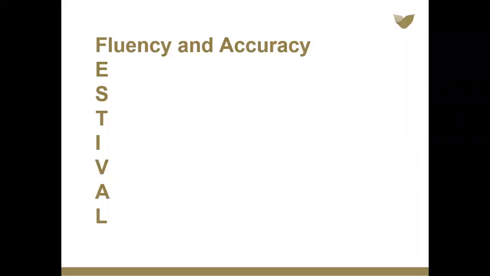The first target, when we are talking about a speaking activity, is fluency and accuracy. I have taken quite a lot of responses about fluency, but none about accuracy. Can anybody say anything about what you mean by accuracy, especially when we're talking about speaking?